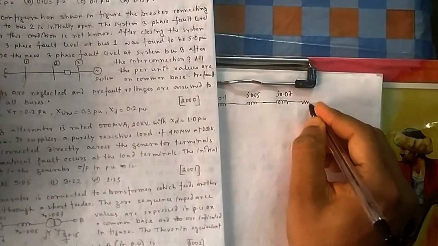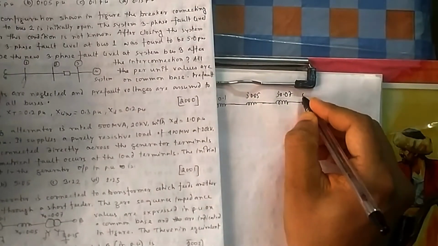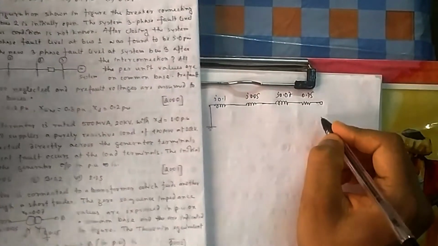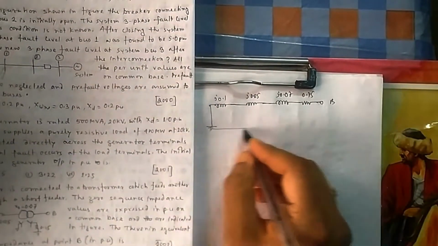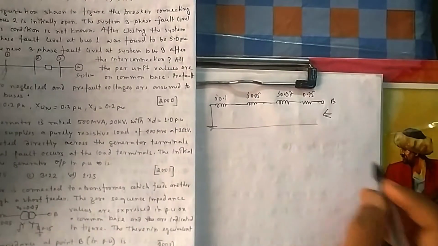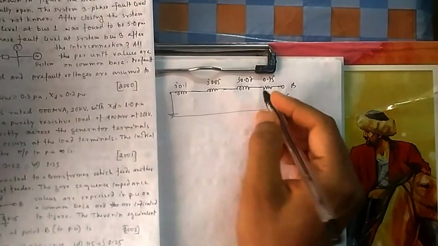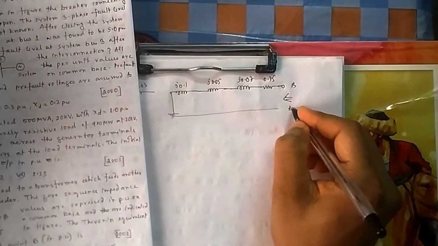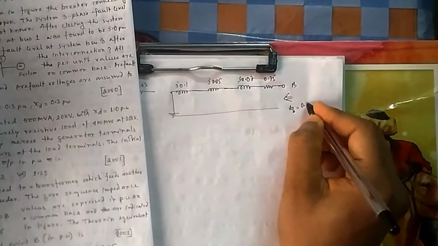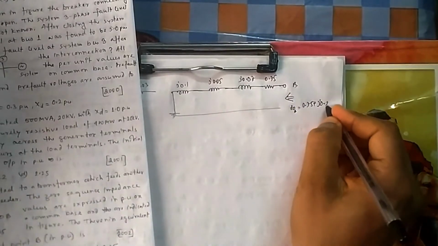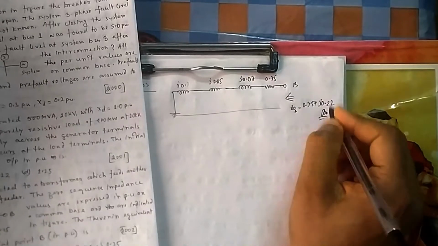This side is grounded with a resistance, so this will also come as 3 into 0.75 resistance. Then you are looking from B, suppose this is your B, so from this side you are looking, these things will come, that is 0.75. So your Z0 from B is 0.75 plus J into 0.22. So this is your answer, that is option B.